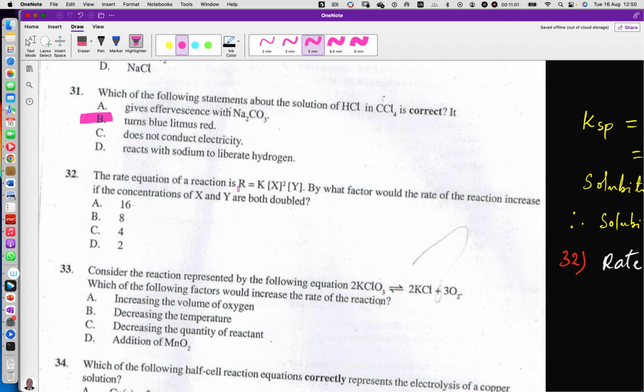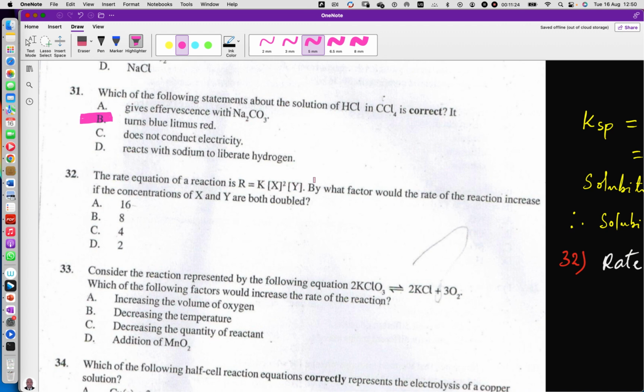This is the rate, which is equal to the rate constant, usually a value, times the concentration of X squared. The value 2 there shows that X is of second order. Then Y is of first order.